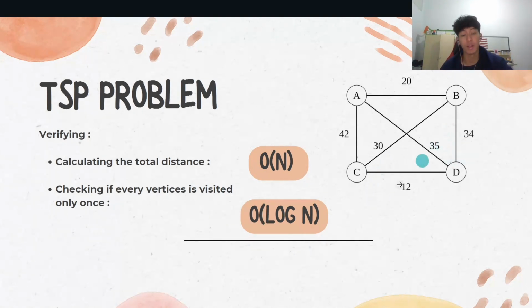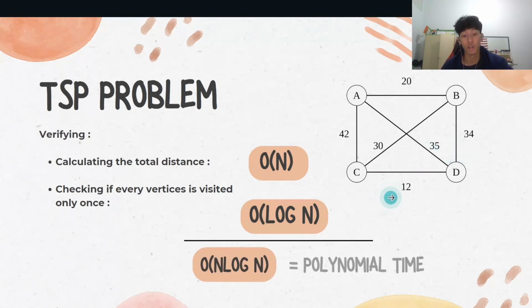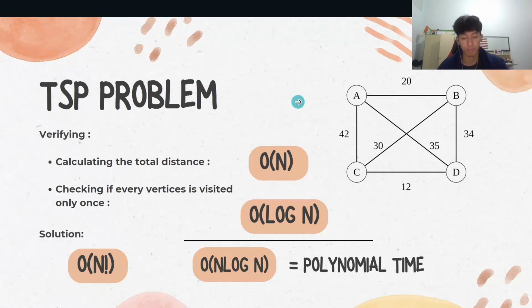Combining this, we get a polynomial time complexity. But for the solution, we have only the brute force approach and still don't have an algorithm to find the shortest path. So the solution is O(n!), with n the number of vertices of this problem.